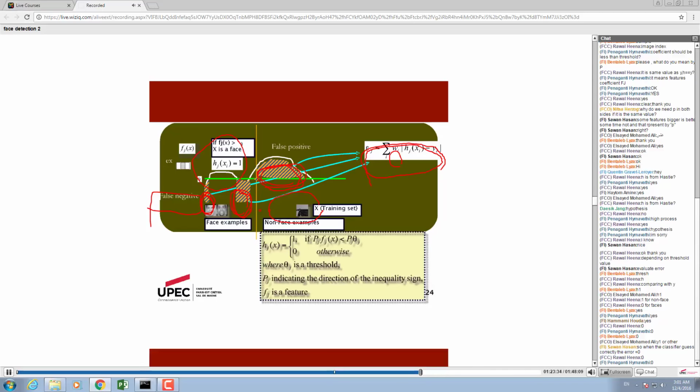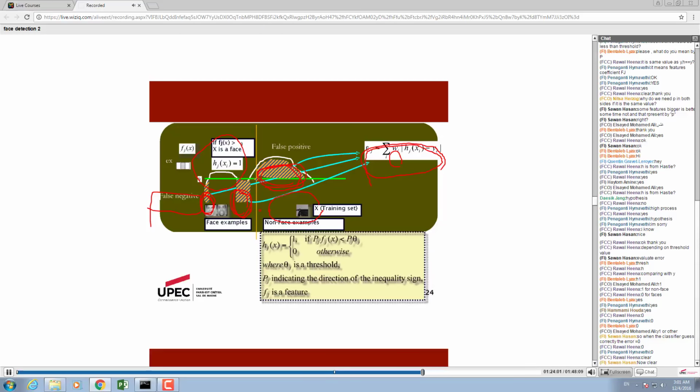Then the number e will be smaller. Is that clear? So in this way, we can calculate the error. The error is the weighted sum of the value. More exactly, the weighted sum of false negatives and false positives. When I say weighted, it means weight is multiplied by every error.